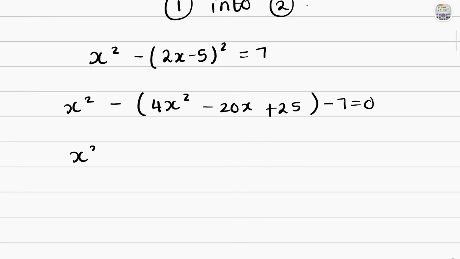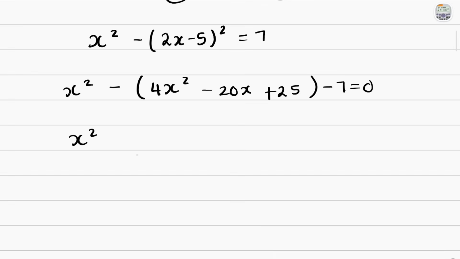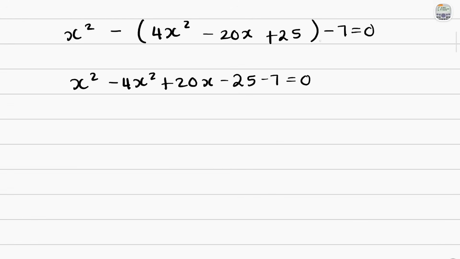And now we have x squared, and we distribute the negative in. It's going to be negative 4x squared, and then positive 20x, and negative 25, and minus 7 is equal to 0. So therefore, we have negative 3x squared plus 20x, and that will give us, so that's negative 32.